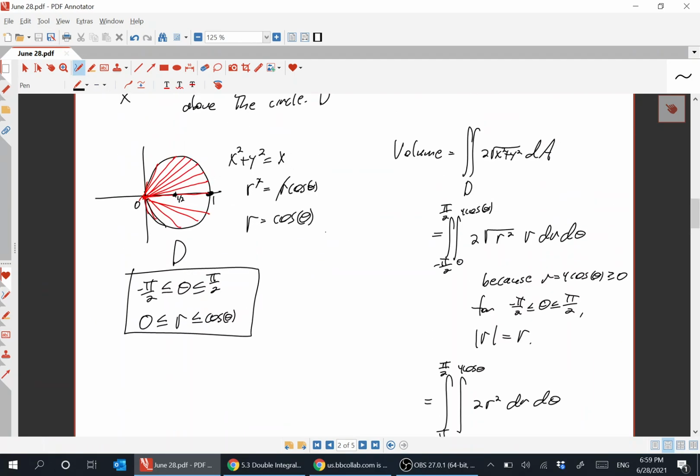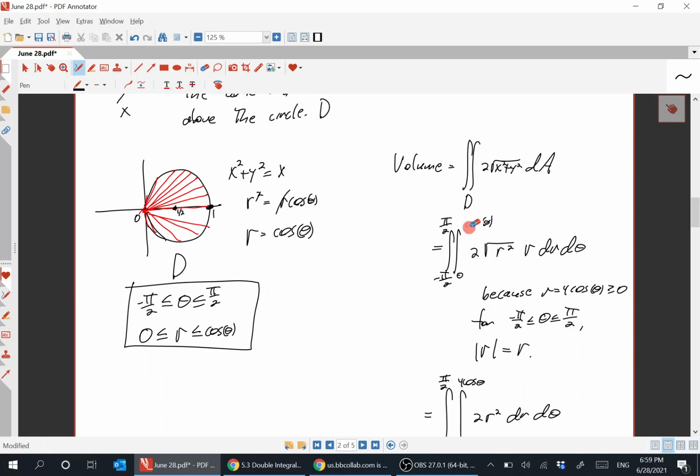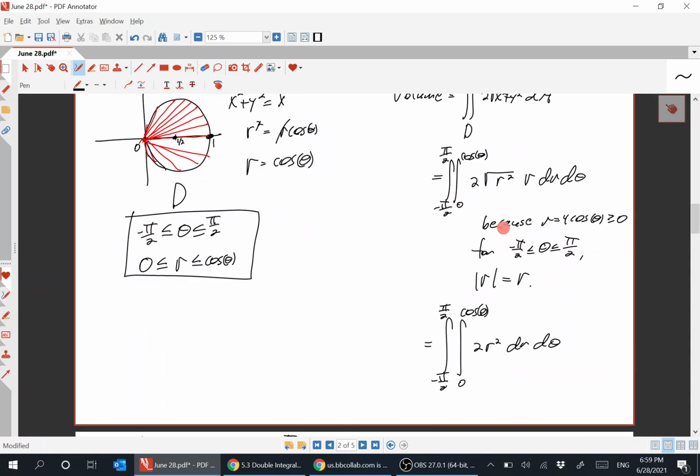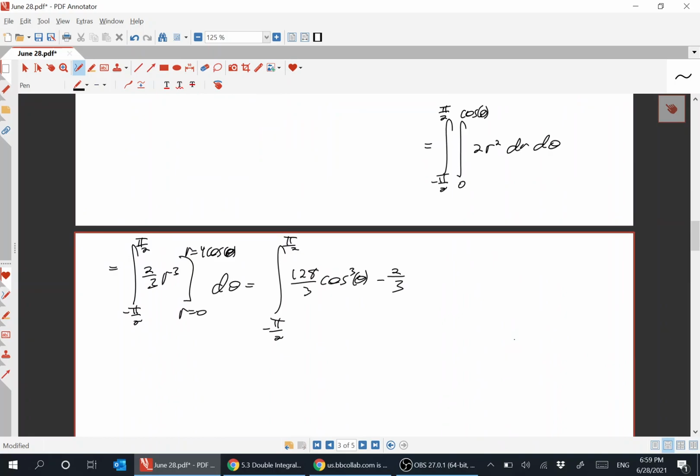All right, so instead of 4 cosine theta, it's just cosine theta. So this is just 2/3 cosine cubed theta, and then r equal to 0 gives just 0.